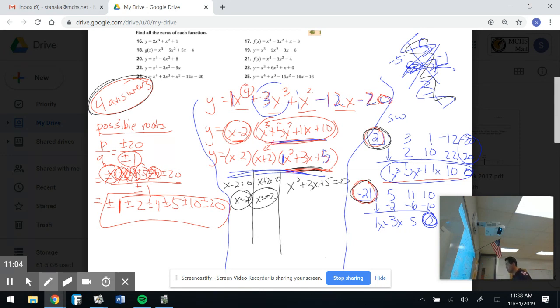Since it's not factorable, class, I have to do a little quadratic formula. And if you're in my class, the way we do the quadratic formula is we do a little side work first. We find the discriminant, and the discriminant is b squared minus 4ac. B squared, let's see what b squared is. That is 3. I'm going to square that. Minus 4 times a, which is 1, and c, which is 5, getting all of that from a, b, and c right there.